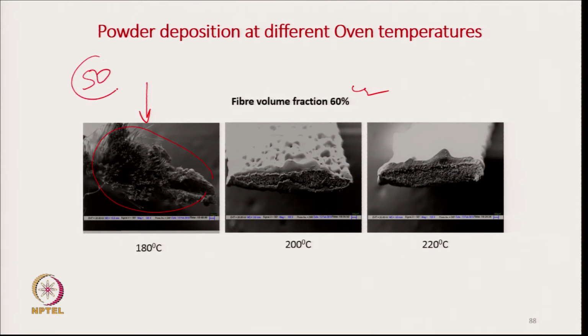At 50% the fraying of carbon filaments was not there, but at 60% volume fraction, that means the polypropylene coating was 40%. So, at lower volume fraction of the polypropylene, it was much more severe.